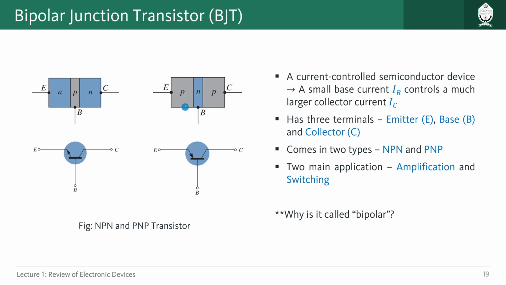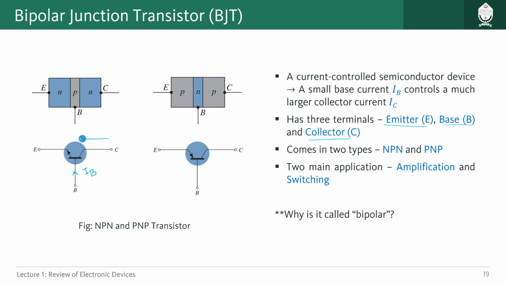We have 3 materials stacked together: here P, N and P, and here N type, P type and N type. Because of that we have 3 terminals created. These are called emitter, base and collector, right? What basically happens is that whenever you give some voltage at the base, you will see some current going through the base.